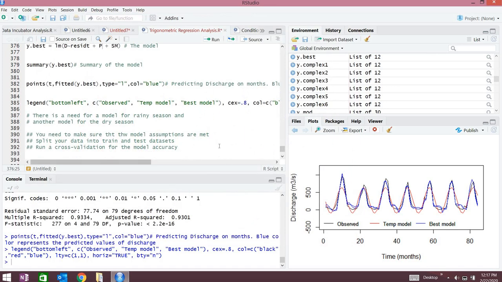In addition to that, you need to make sure that the model assumptions are met. I didn't consider that here. And you need to split your data into training and testing data set, and also run the cross validation.